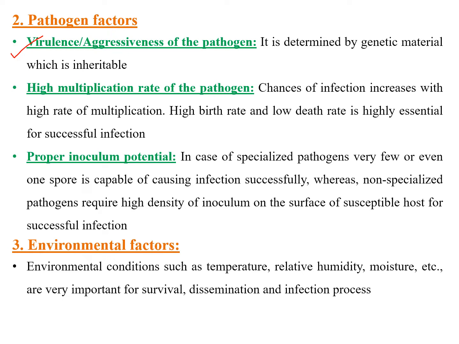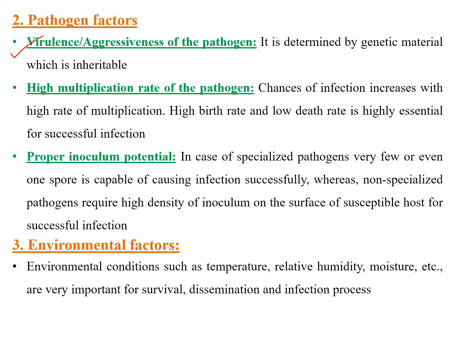High multiplication rate of the pathogen: chances of infection increase with a high rate of multiplication. If the pathogen has a high multiplication rate, then there is a lot of chance for the infection process. And high birth rate and low death rate are highly essential for establishing a successful infection in the host plant.